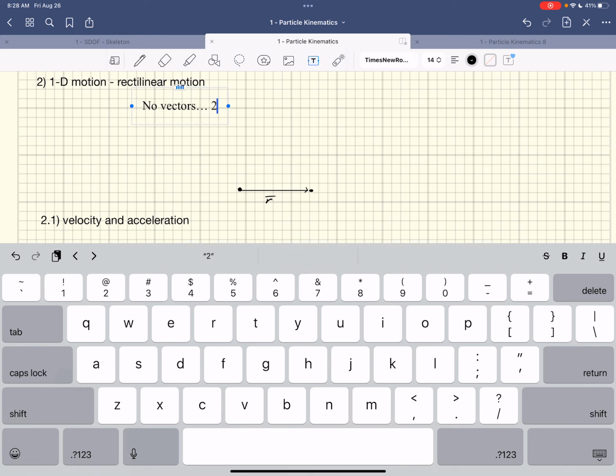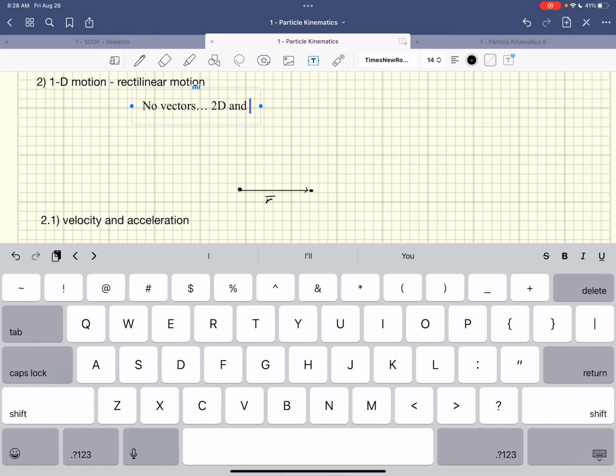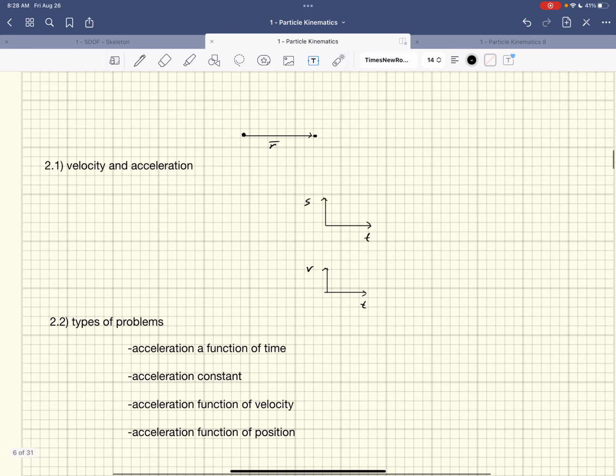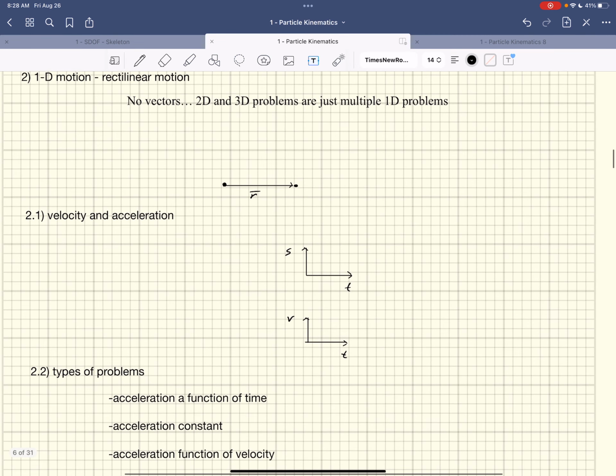We're going to do 2D and 3D problems, which are just multiple 1D problems. We're just going to learn stuff in 1D, and then we'll take it on into 2D.